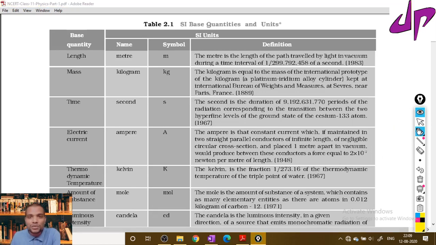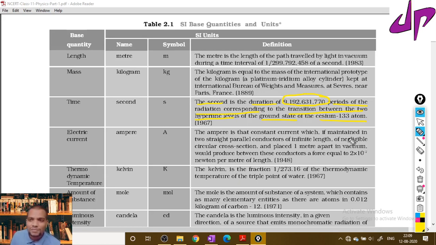Suppose you see the definition of time: 1 second is the duration of these many periods, a big number, no need to remember that, of the radiation corresponding to transition between two hyperfine levels of ground state cesium 133 atoms.